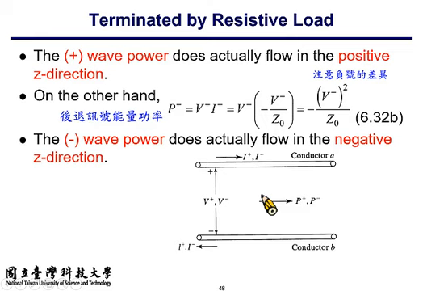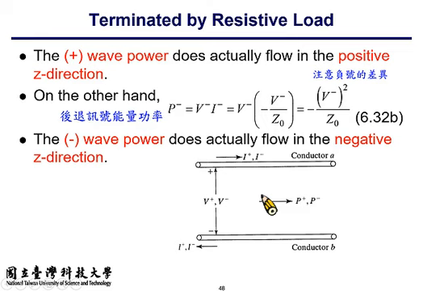So it differs by a minus sign. What is the significance of this minus sign? Well, the minus sign means the positive-going power and the negative-going power go in opposite directions. So the minus sign represents that this power goes in the minus z direction.